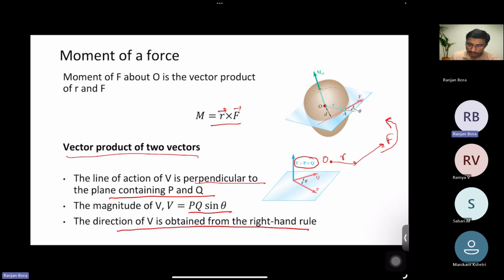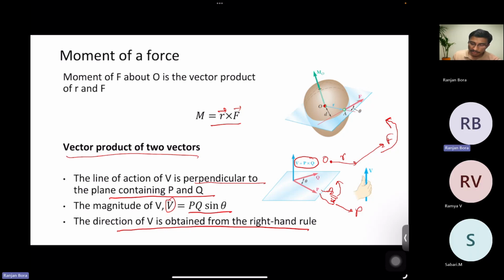In the right hand rule, we place the fingers of our right hand along this axis P, then we curl our fingers along the other vector Q. The direction of the thumb gives the direction of this moment V. What is the direction of the thumb in this case?